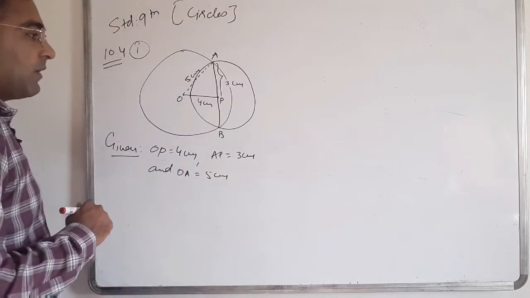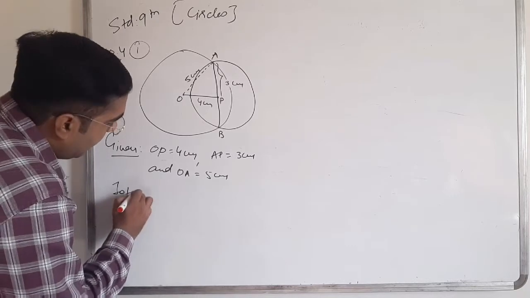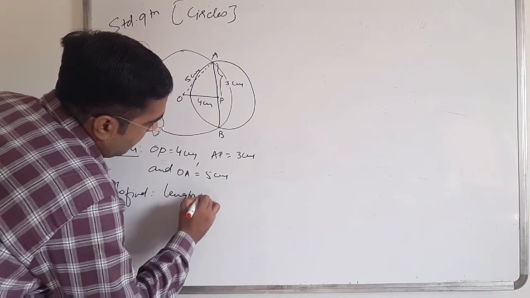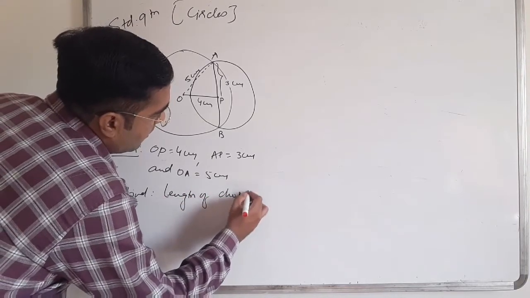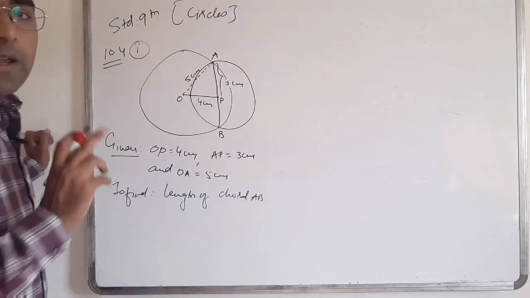Clear that? So now we have to find the length of the chord AB. We have to find the length of the chord AB.